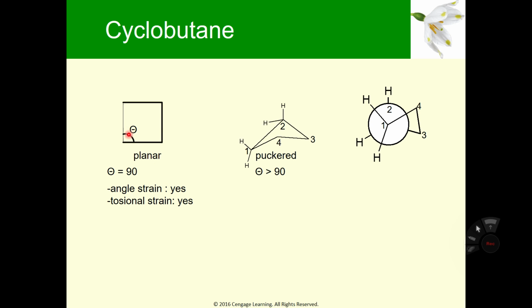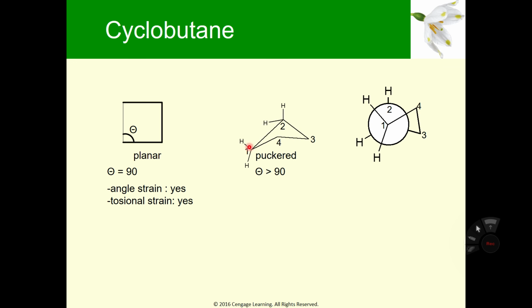For cyclobutane, we can see angle strain, yes. We can see torsional strain, yes. All molecules try to maintain low energy states. So, in order to make this angle larger than 90 and closer to 109, cyclobutane undergoes puckering like this.